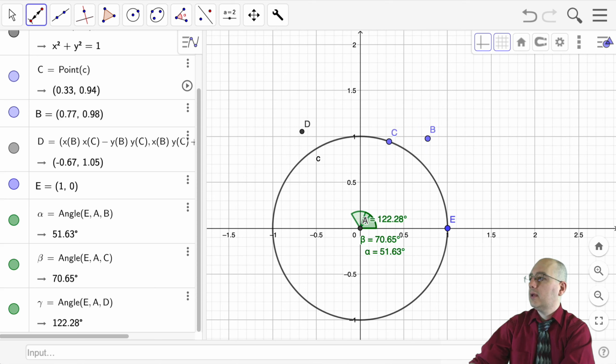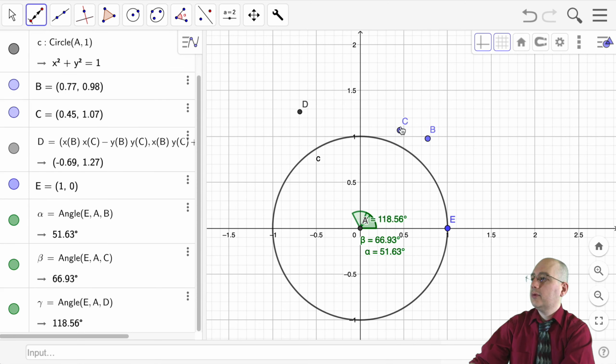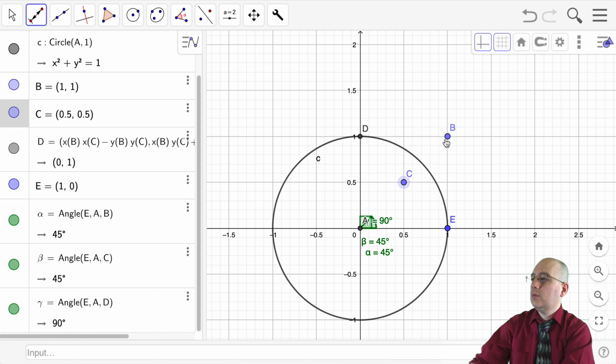And if I detach both of these points from these objects, basically, so here's C at 1/2 and B at 1.